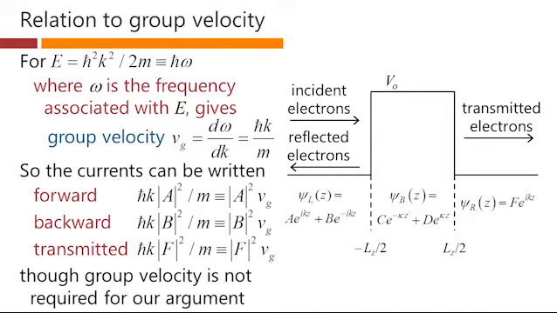But in fact, remember, we have not actually used group velocity to deduce anything about these currents. That's an interpretation after the fact, one that makes some sense, but we did not use group velocity to derive these current densities here. We did it directly from the wave functions.